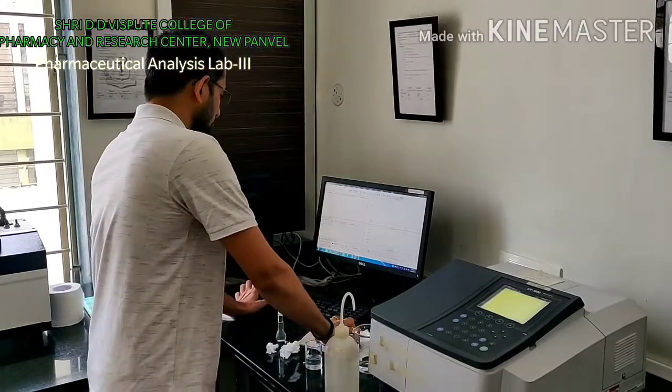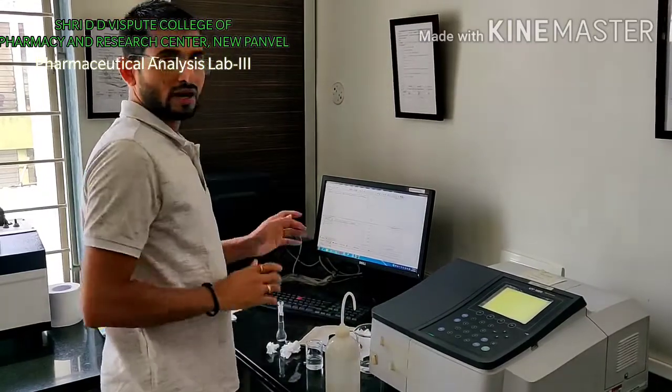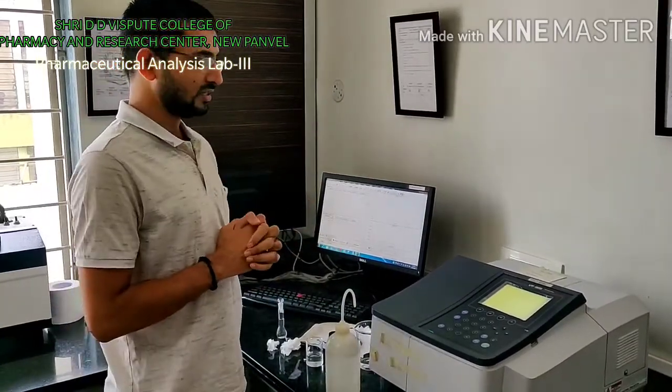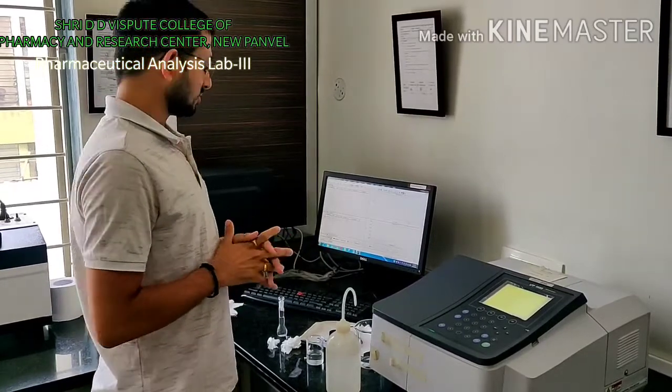Then auto zero your instrument again after filling both cells with the phosphate buffer solution.